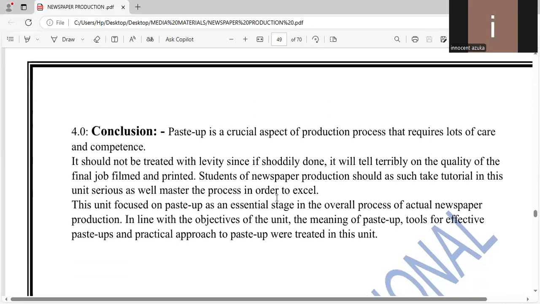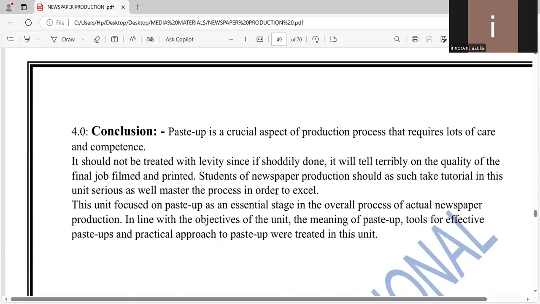So paste up is a crucial aspect of the production process that requires lots of care and competence. So it should not be treated with levity, since if poorly done, it will tell terribly on the quality of the final job framed and printed.